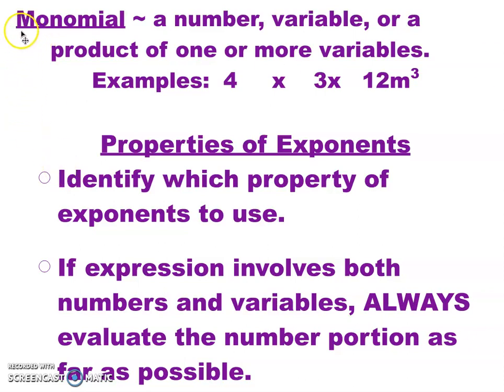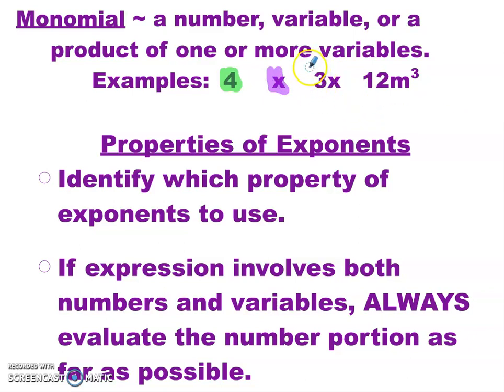A monomial is going to be a number, a variable, or a product of one or more variables. So an example, think of these really separately. 4, just 4 is a monomial. An x, a term or a variable, just the x is a monomial.